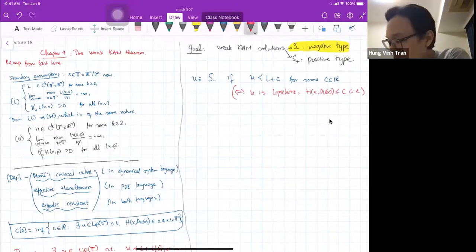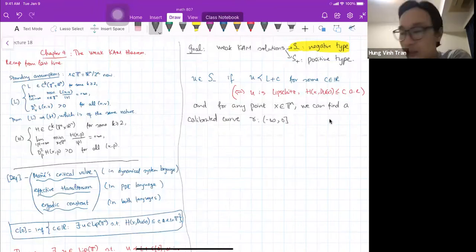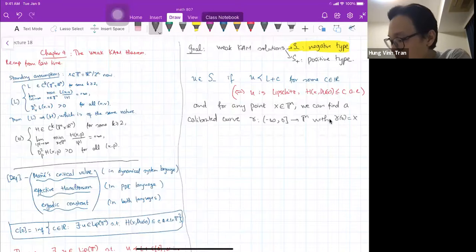The second requirement is that for every point, any point x in the torus, we can find a calibrated curve gamma mapping from an infinite interval, minus infinity to 0, to the torus with gamma 0 equals x.